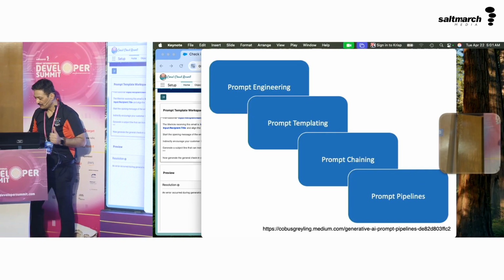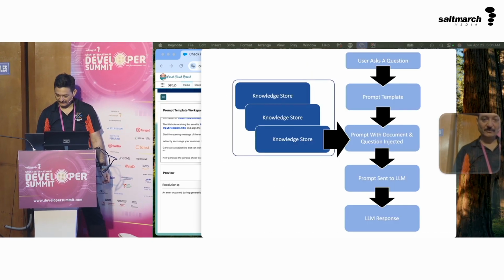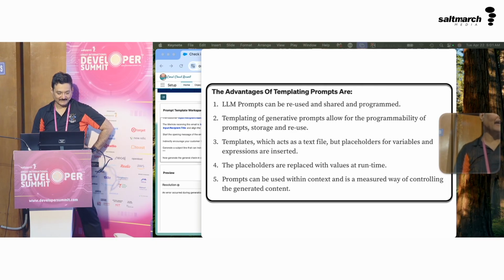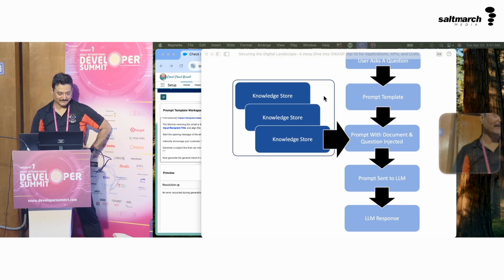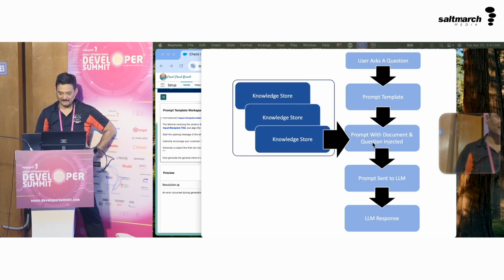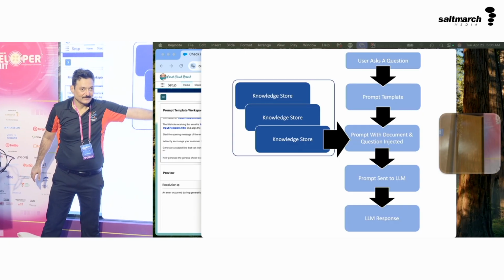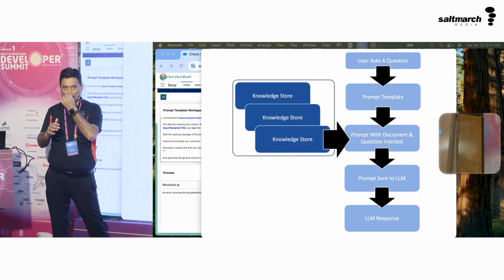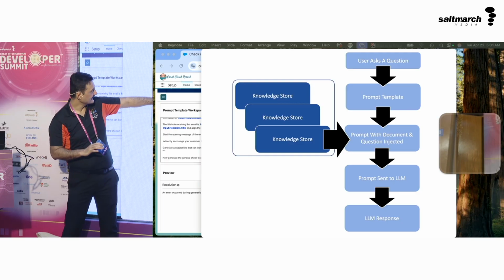Okay? Now that we do that, what did we do out of this? When we do the prompt templating, we are able to get the knowledge store, get the knowledge data for us, and then ground the data for the questions being asked. So this is where you're doing the knowledge grounding of the data. I have a separate talk on the different ways you can do this, and what chunking strategies you can use to really get the knowledge store.